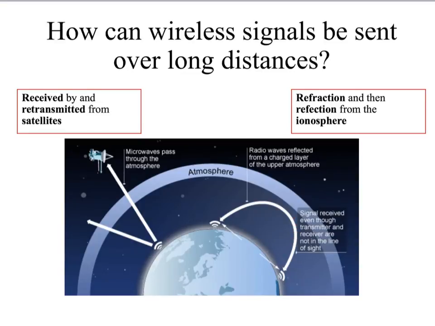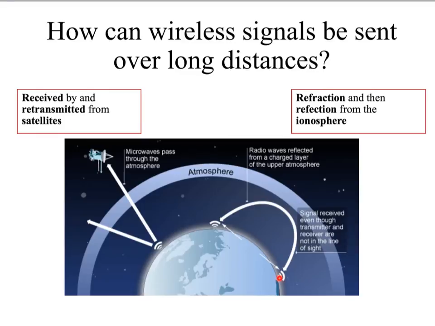So what's actually happening here? Well, the atmosphere is made up of lots of different layers, and the higher up you go, the less dense the atmosphere becomes. Now we know that when any wave travels through mediums of different densities, the wave changes speed and direction.